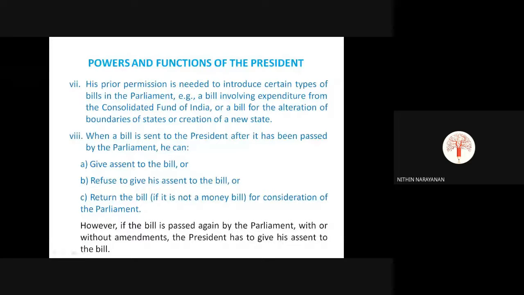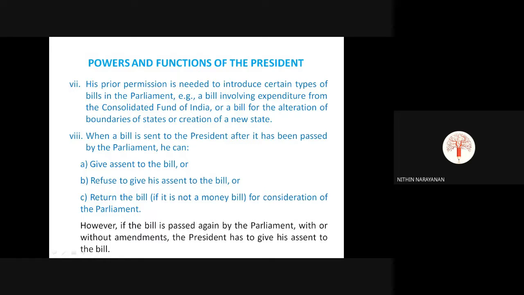Okay. The first thing is he can give assent to the bill, if he finds it is correct and it is not going to affect any other matters of the state or the country. Or he can refuse to give assent to the bill, or he can return the bill for the consideration of parliament for amendment, because he may find some other issues in that bill, so he may return it to amend, change and resend it.